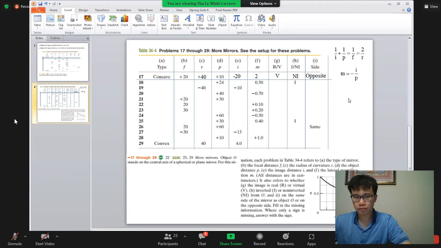So who can remind us again of the sign rules for I, P, F, M? Lê Anh. Could you tell us the sign rules for I and P, F, R?